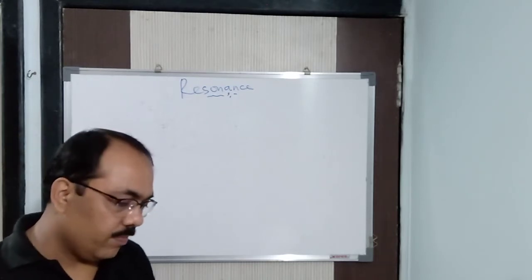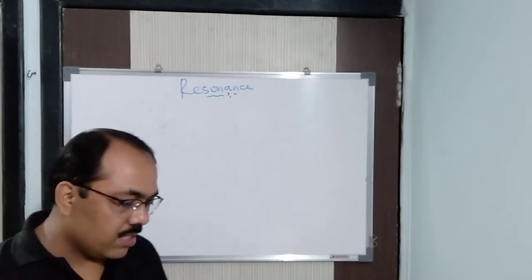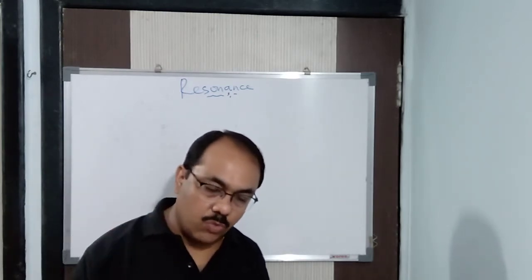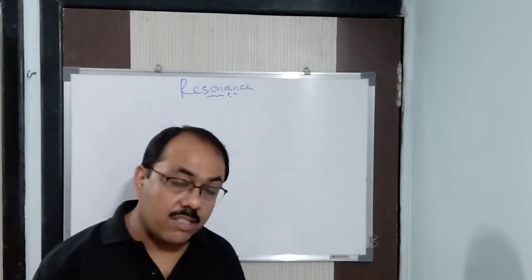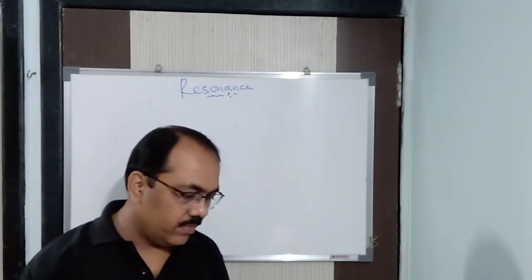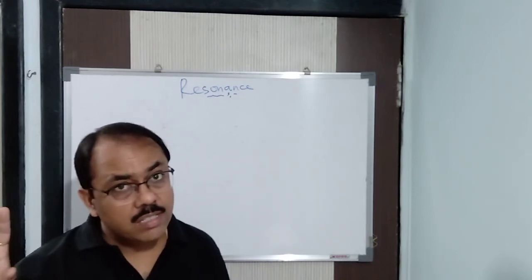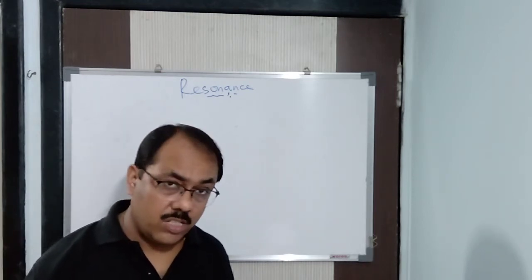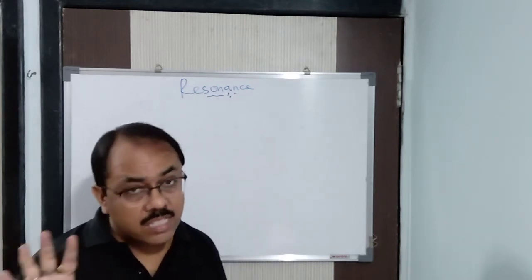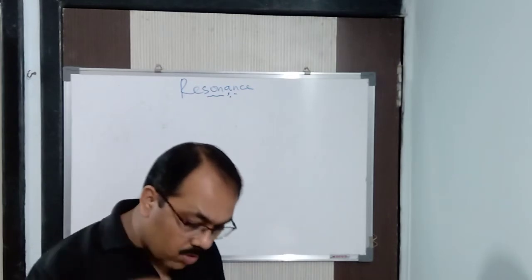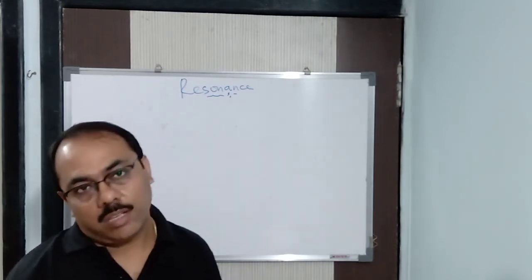So the actual structure is in between these contributing structures and is called the resonance hybrid, and the different individual structures are called resonating, canonical, or contributing structures. This phenomenon, this process, is known as resonance.